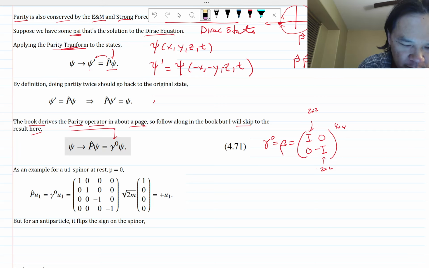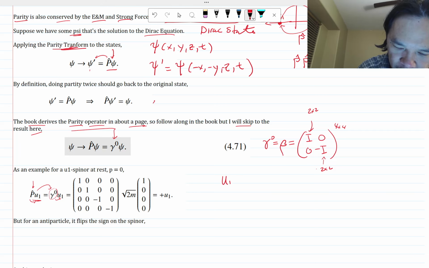So let's see how this parity operator operates. Let's say I have a particle in a state of u1, and I'm acting on this with the parity operator, which Thomson proved to be just gamma 0. This is a matrix that's going to be multiplying u1.